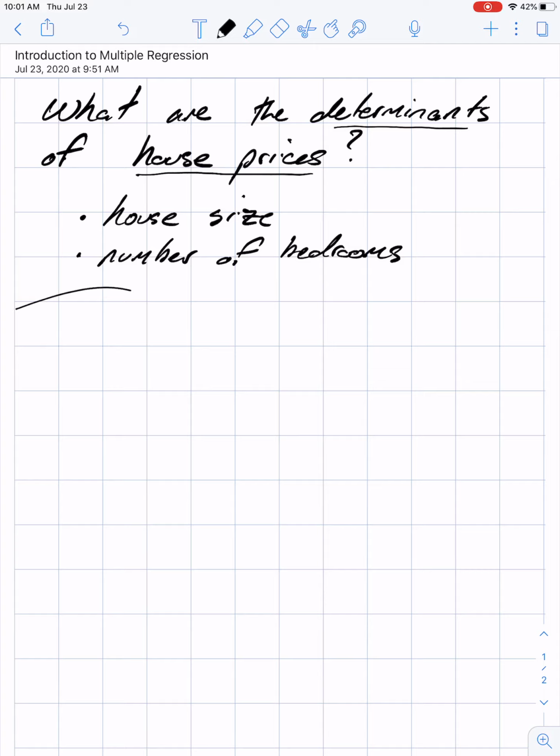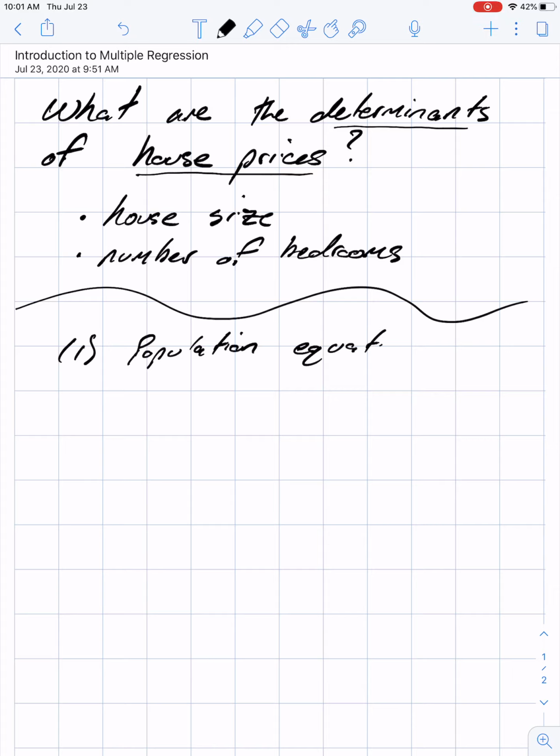So just like in simple linear regression, we have a population equation. And generally, what a population multiple regression equation will look like is it will have one dependent variable. And then we have an intercept, of course, so beta naught, population intercept, unknown.